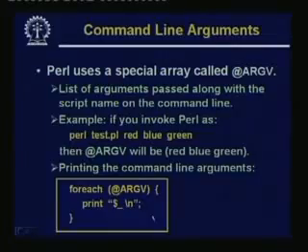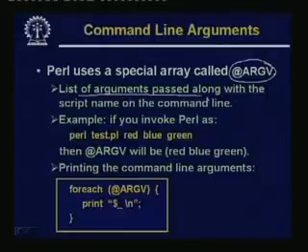And there is something called command line argument. Let us also have a look at this. Perl uses a special array called @ARGV. @ARGV actually means the list of arguments which are passed along with the script name on the command line. What does this mean?